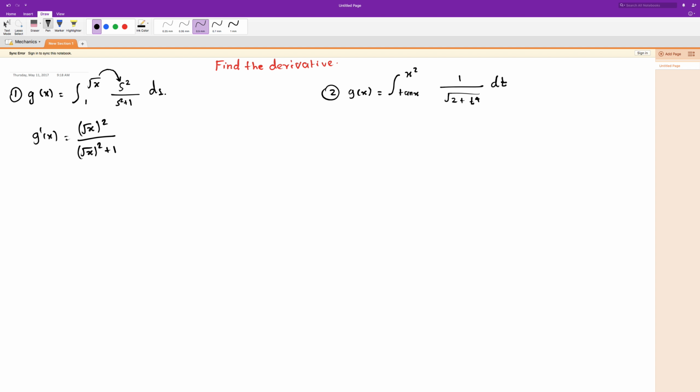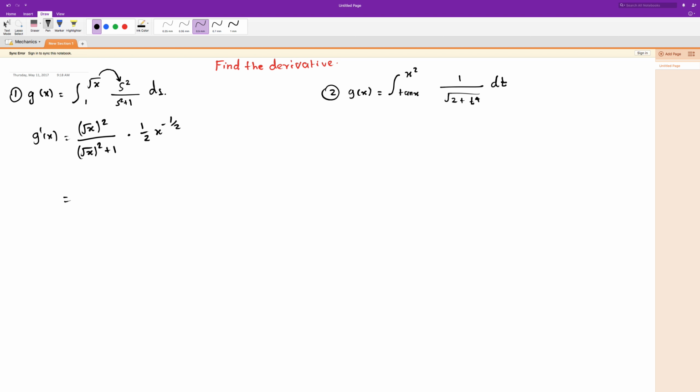So we can write square root of x as x to the power of half, and if we find the derivative of this one, this is going to be half x to the power of minus half. So we have to multiply this one by half x to the power of minus half. So we can simplify this one and write it in a better way.